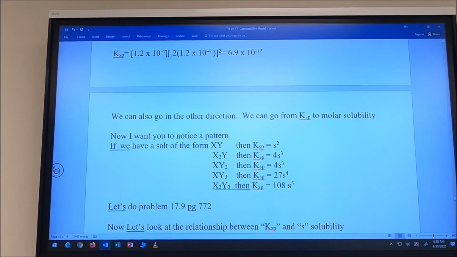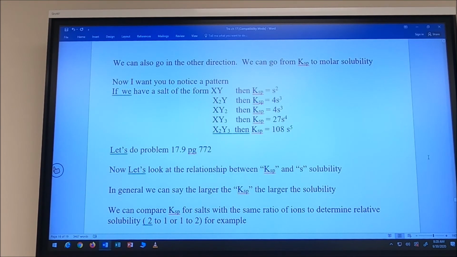Now, before we go on, I want us to remember that we can go in the opposite direction. If we have KSP, we can go to molar solubility. So what I want to point out to you here is that there's a pattern between the relationship of KSP and solubility if I have a salt dissolving in pure water. Okay?